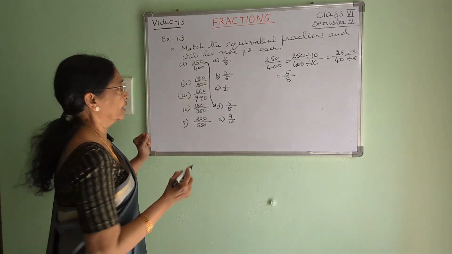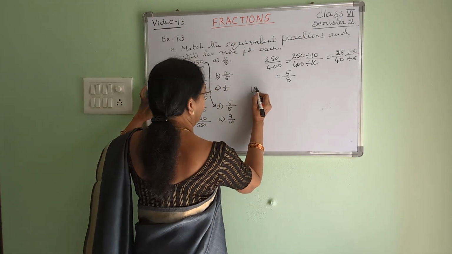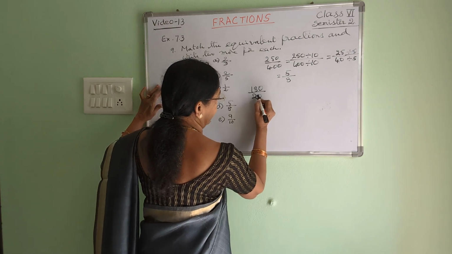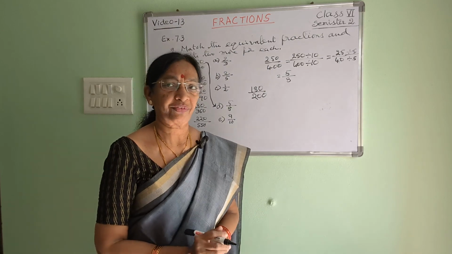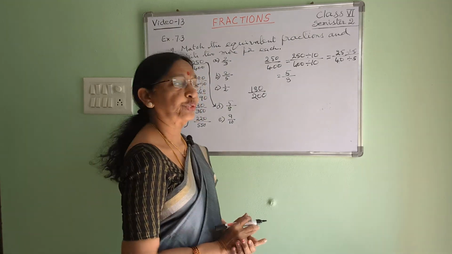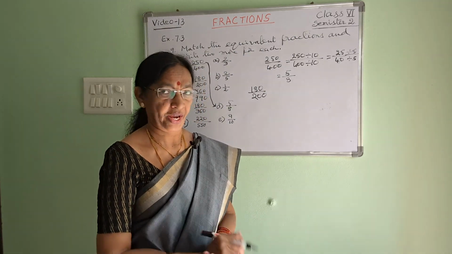Next we find for 180 by 200. We will take the HCF of 180 and 200, the highest common factor.